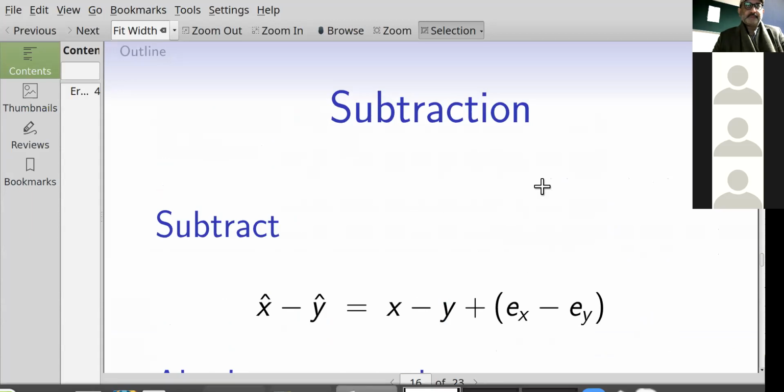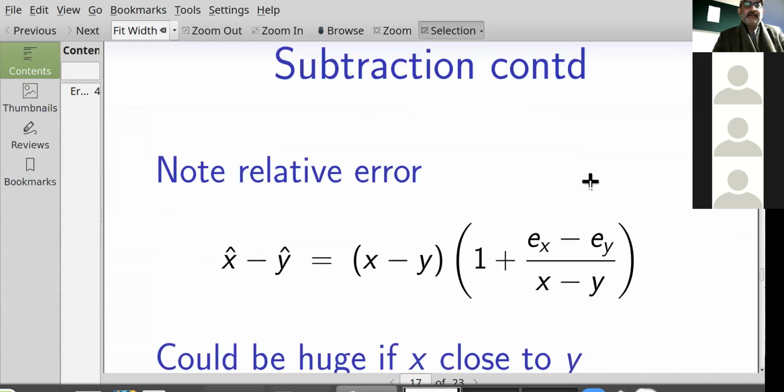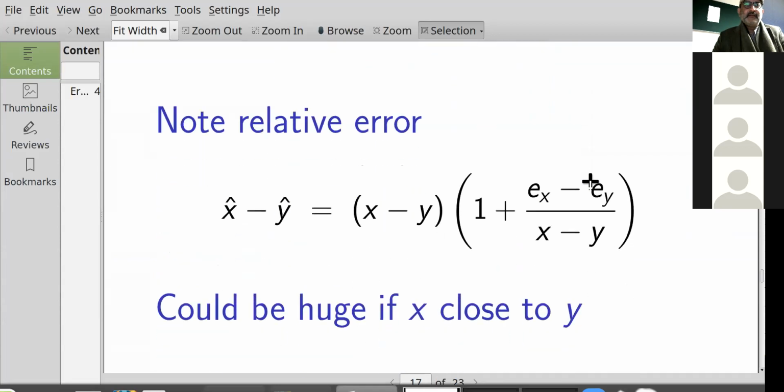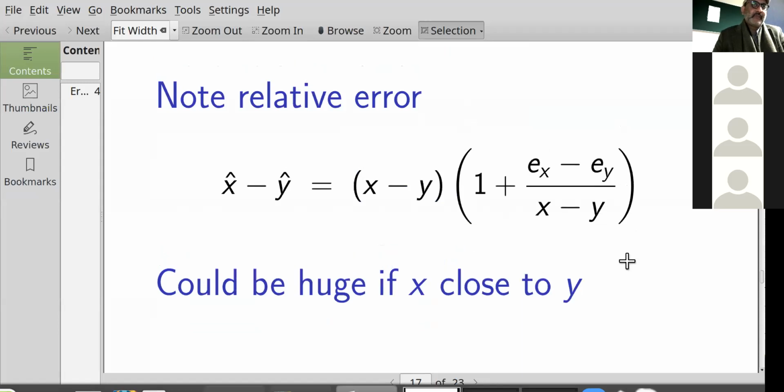So you should be able to show, okay, I'll leave this as an exercise, that approximate x minus approximate y is equal to x minus y times 1 plus the error on x minus the error on y divided by x minus y. Okay? So that's the relative error on the subtraction.